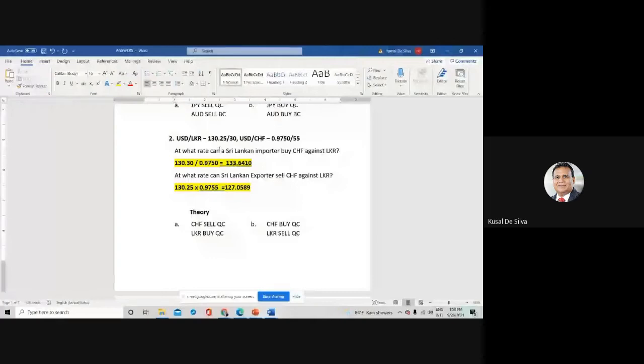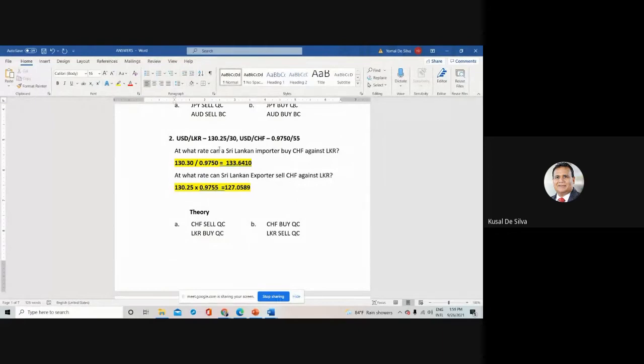That is for the base currency. For a quoted currency, the bank always does the other way around. The bank will sell the quoted currency using the bid rate, and buy the quoted currency using the selling rate, that's the offer rate. So you need to understand this theory.